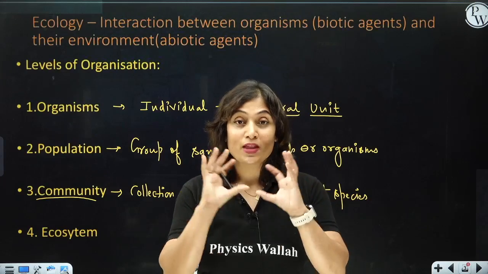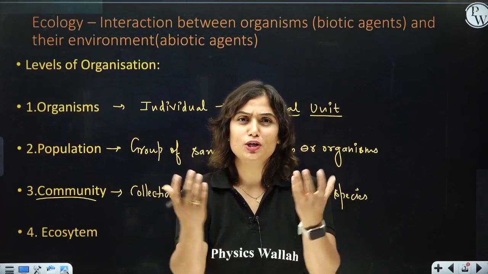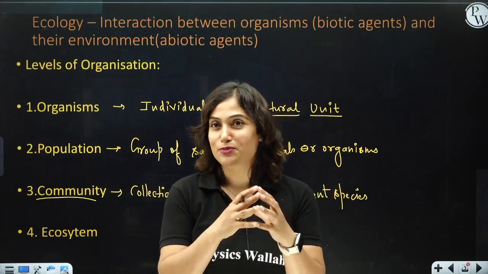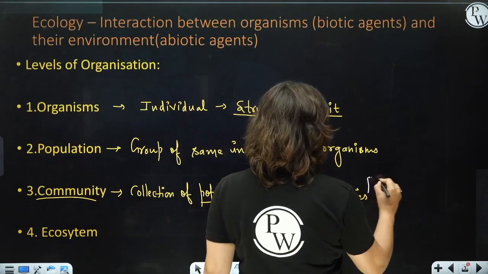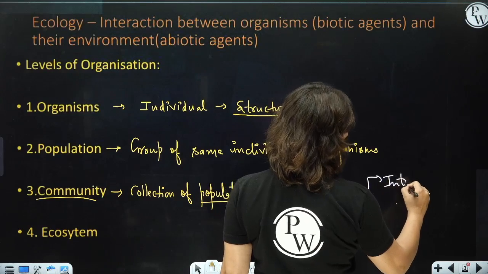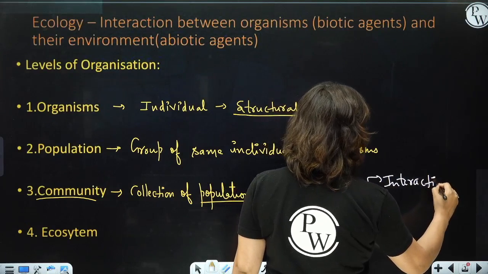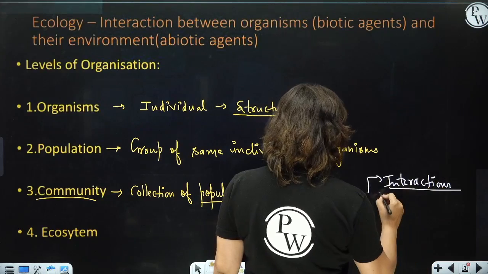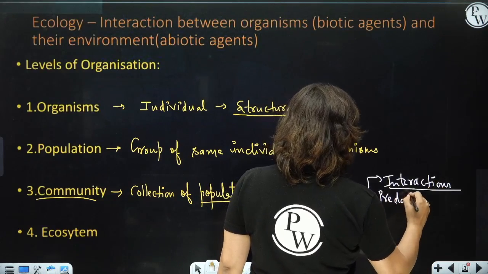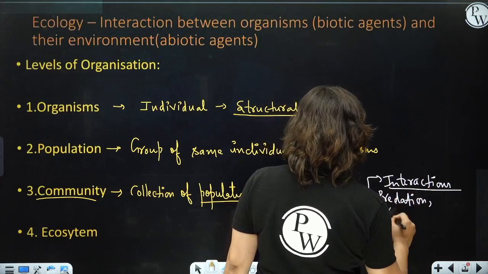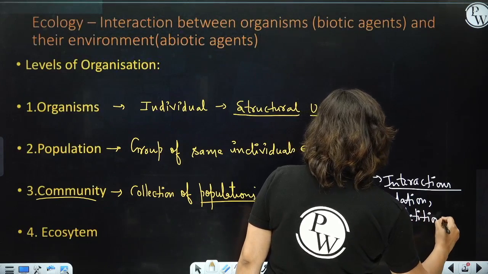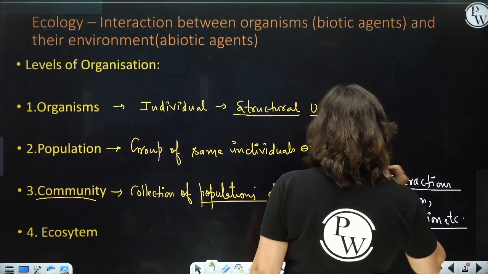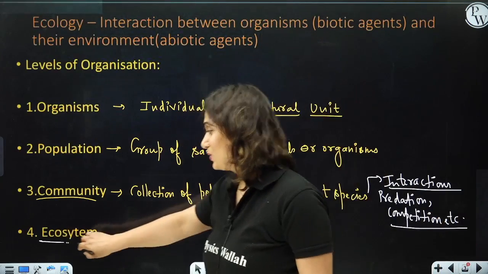A group of different populations is called a community. And in a community, you see several interactions, like predation, competition, etc. And then comes the ecosystem.